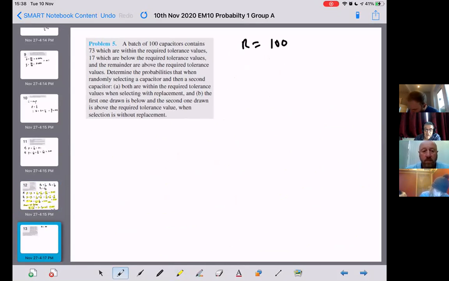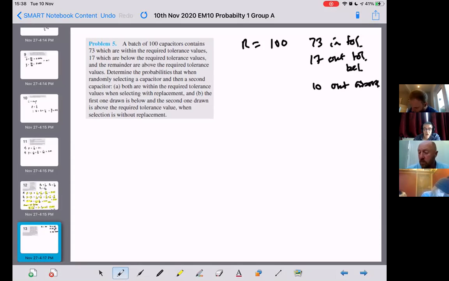Contains 73 in tolerance, 17 hypertolerance below, and the remainder, so that's going to be 10 hypertolerance above.